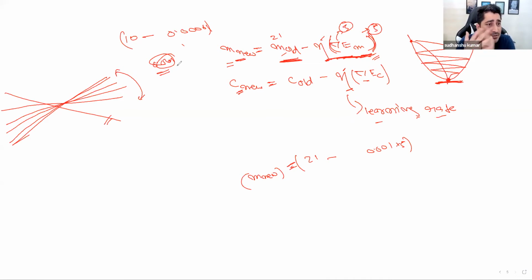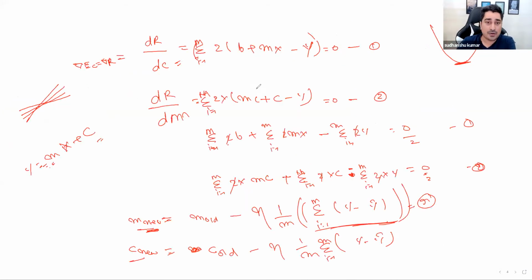With this value of m, how much residual am I able to get? Am I able to achieve dr by dm equal to 0 or not by using this value of m or this value of c? Because to derive something in this equation, can I say that b is required, m is required, x is required, and y is required?